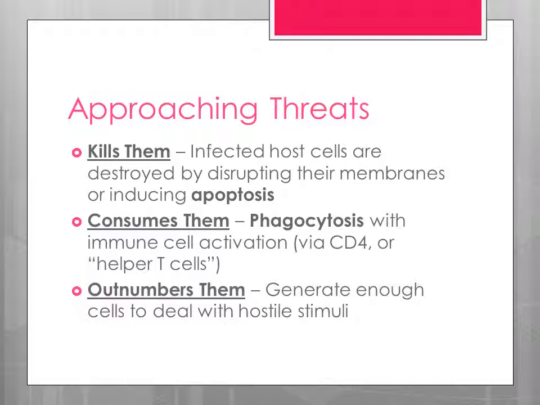And then, of course, it's going to outnumber them. It can generate enough cells to deal with the hostile stimuli, so you can just think of it as two armies, right? And you have one army with about 20 soldiers in it and another with 200. So obviously, unless those soldiers are multipotent and are very, very strong, they're not going to survive.